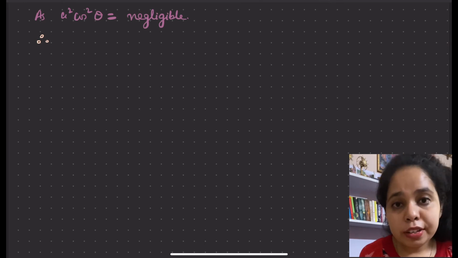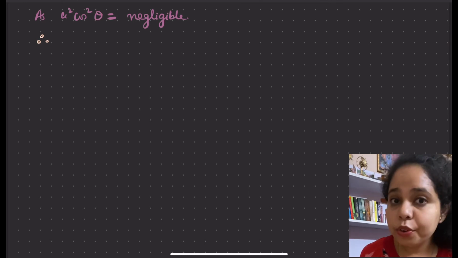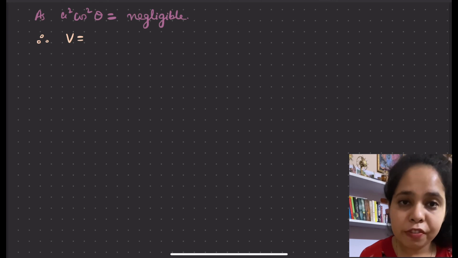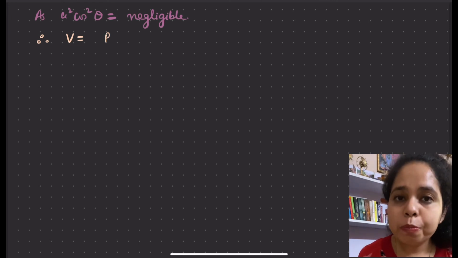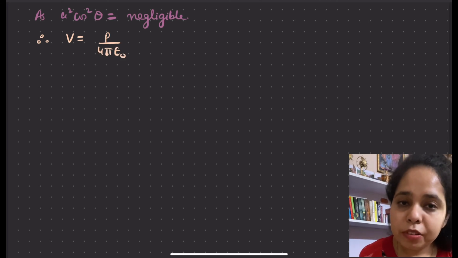Therefore substituting a square cos square theta equal to 0 in equation number 4, we are left with the final expression, that is V is equal to p upon 4 pi epsilon naught r square, multiplied by cos theta.